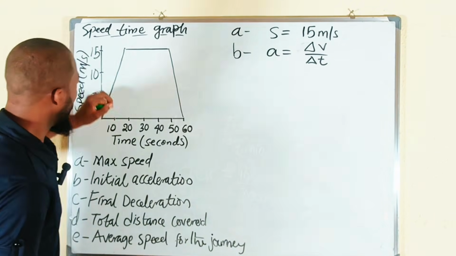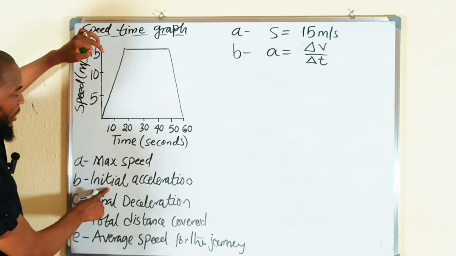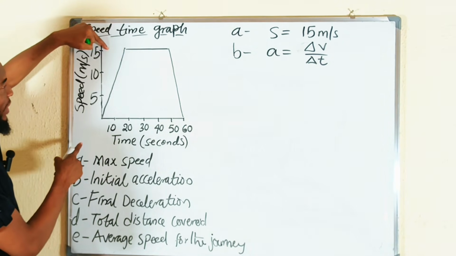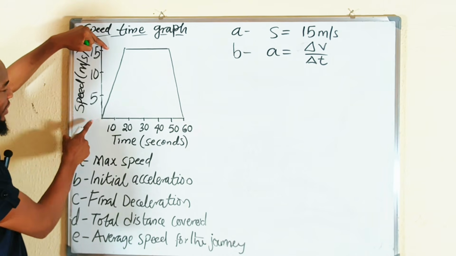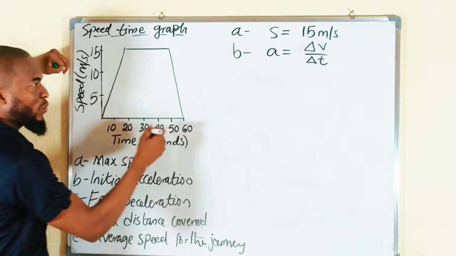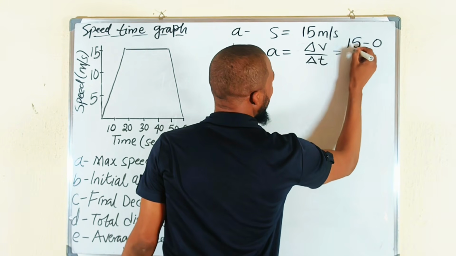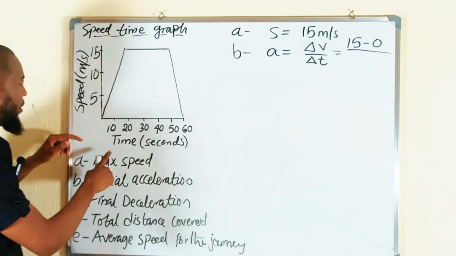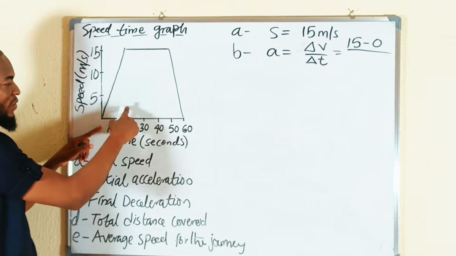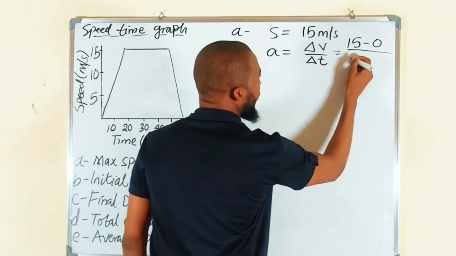So the change, what happened? From here, you can see the final speed is 15. The initial speed is 0. So we have 15 minus 0 divided by the time difference. You can see this is 20 minus 0, right?